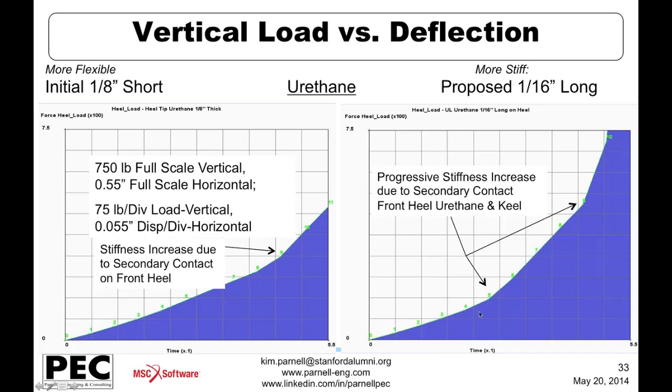The other urethane pad, the thinner and longer one, goes through some pretty clear progressive stiffness increases as the contact moves closer to the bend, and there's less overall bending then. It takes more load to provide a given amount of displacement.